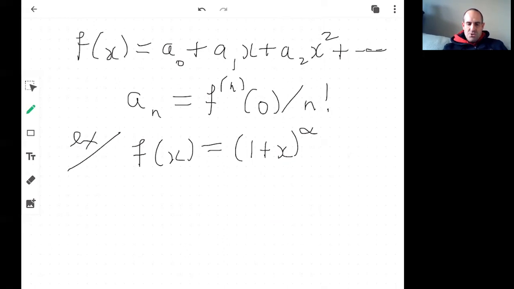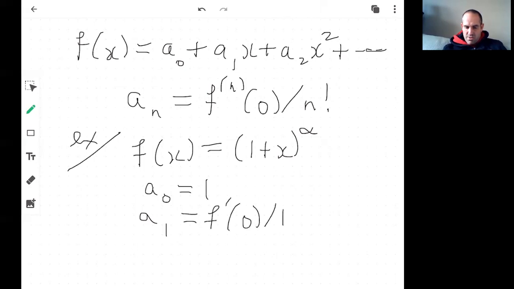Well, a0, what would a0 be? a0 would be this thing evaluated at 0 over 0 factorial. So a0 would be 1. Okay. What would a1 be? Well, a1 would be the derivative of this thing, so it would be f prime evaluated at 0 over 1 factorial.